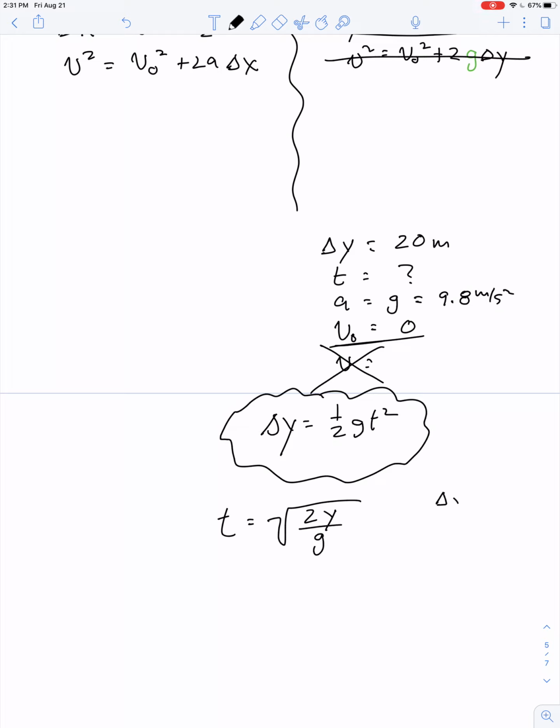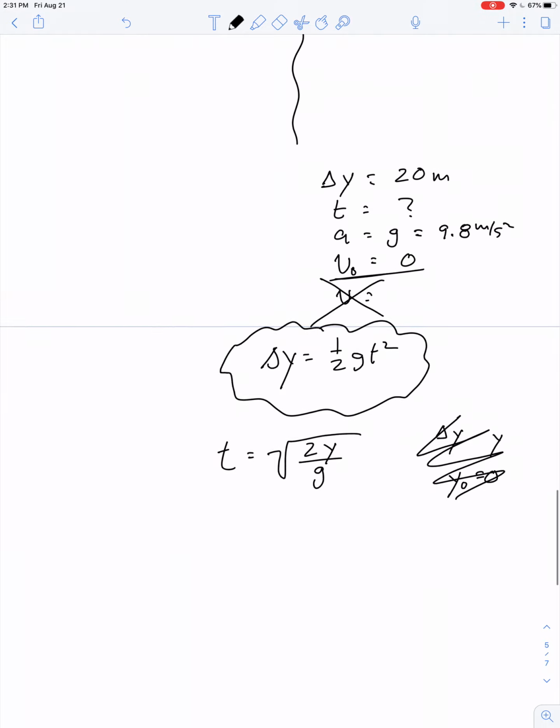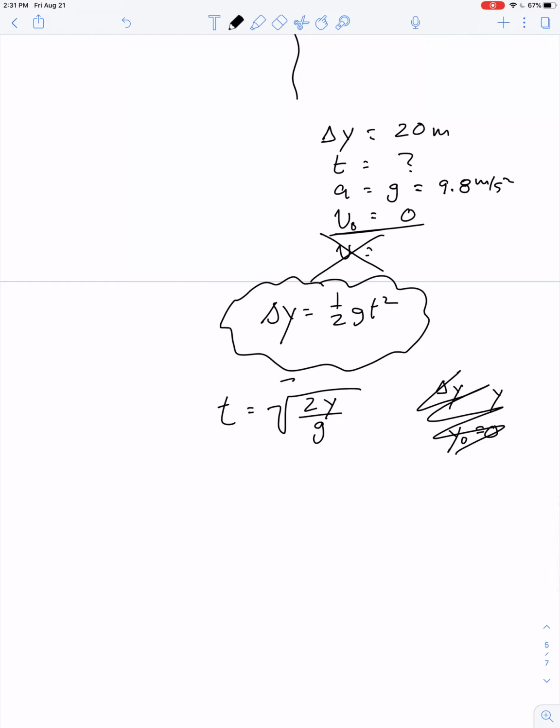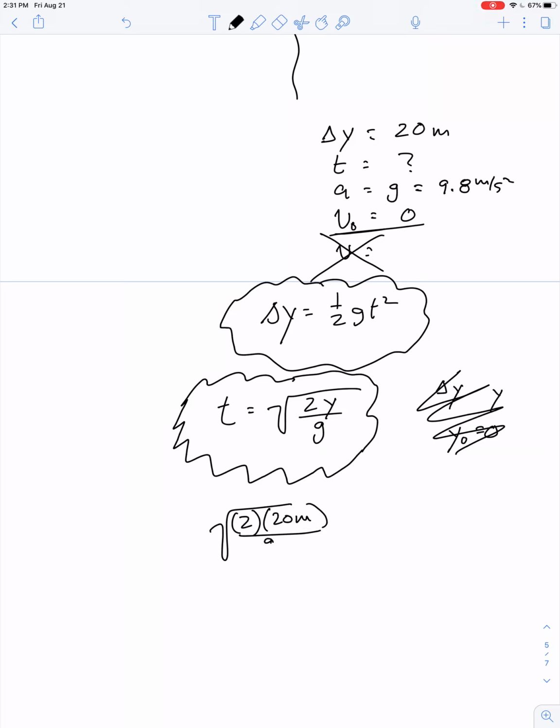Notice I didn't use the symbol delta y, I just used y, because I'm assuming the initial position where the object was released from is the origin. So t equals the square root of 2y over g. I'm going to guess that this is a formula that will appear over and over again throughout your study of physics. We can plug in the numerical values: the square root of 2 times 20 meters divided by 9.8 meters per second squared.